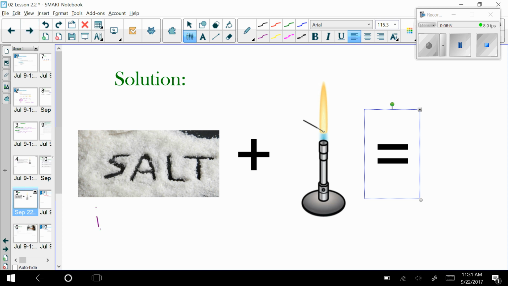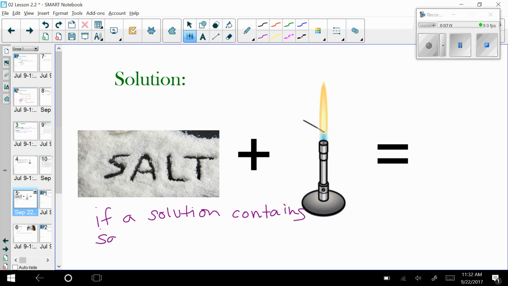So we can say, based on the evidence that we have so far, our conjecture is, if a solution contains salt, then in a flame test, it will produce an orange-yellow flame.